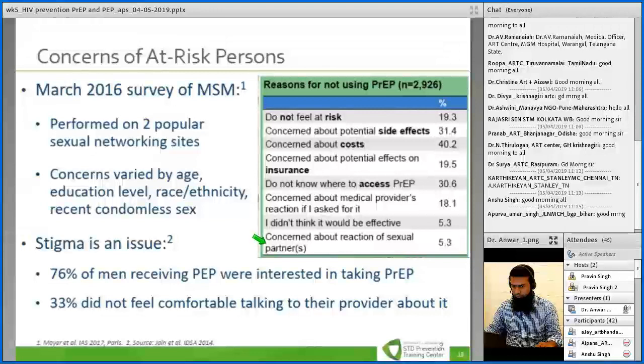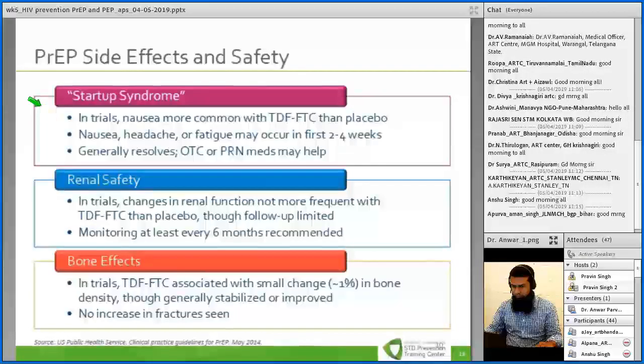And concern about the reaction of the sexual partner. This is another thing which may be a barrier, because the partner may think that the person who is taking PrEP already has HIV and is taking some kind of treatment for it, and may not understand what PrEP is. So obviously that may be one kind of stigma the clients will be facing. So these are the concerns at the level of the clients.